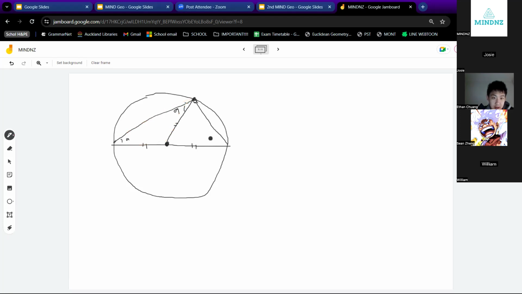And let's say this angle is B. Therefore, this angle here is angle B as well because it's an isosceles triangle. But we also know that the sum of the angles in this big triangle has to be 180 degrees. So when we add up the angles inside the big triangle, we get 2a plus 2b, and this has to equal 180 degrees.